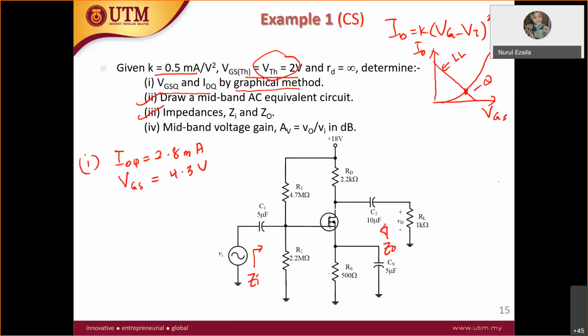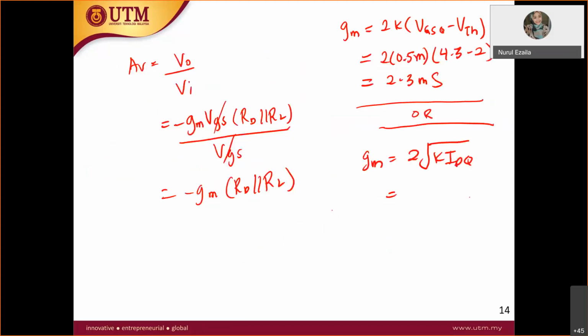You should get the same answer. So 2 times 0.5 milli times 2.8 milli, and you should get a closely similar answer of 2.3 millisiemens. Both are the same answer. You can plug it into the calculator to prove both answers are the same.